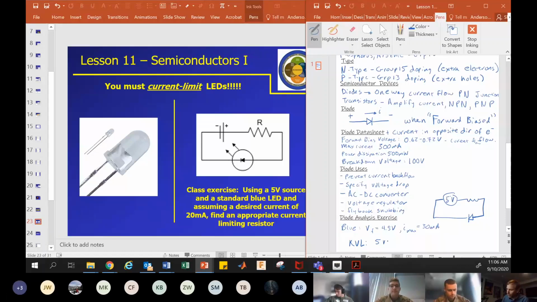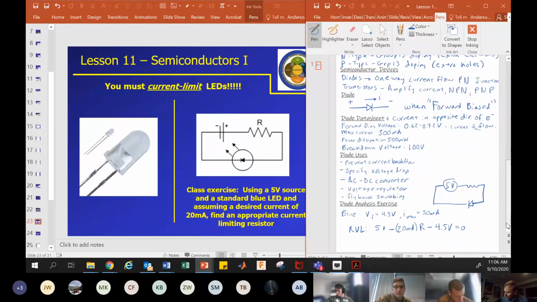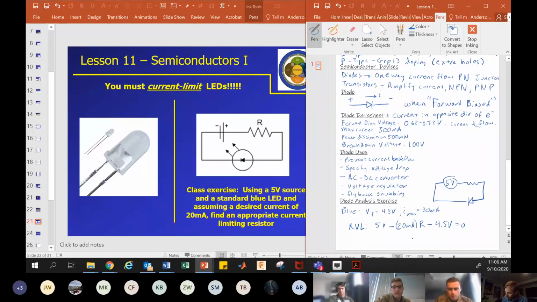All right, so 5 volts minus I, what's I? We said 20 milliamps. I times R minus 4.5 volts equals 0. So that's how we set up that problem. And then we're solving for what? R, the resistor.